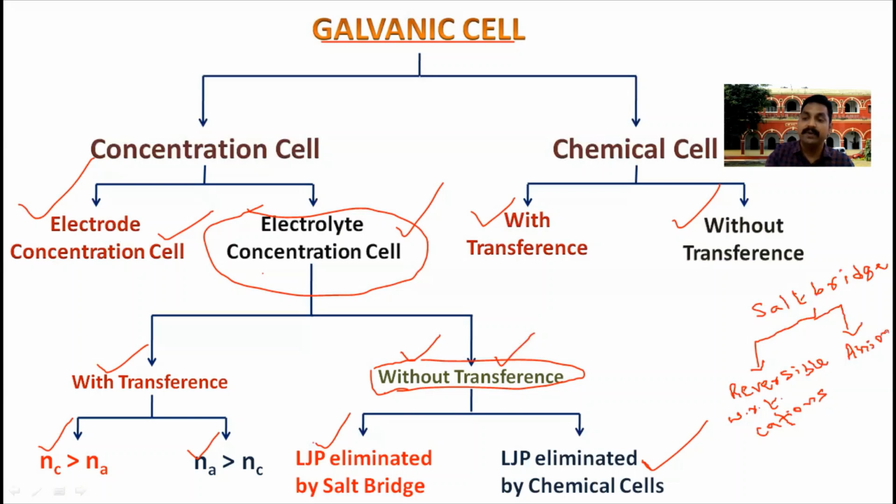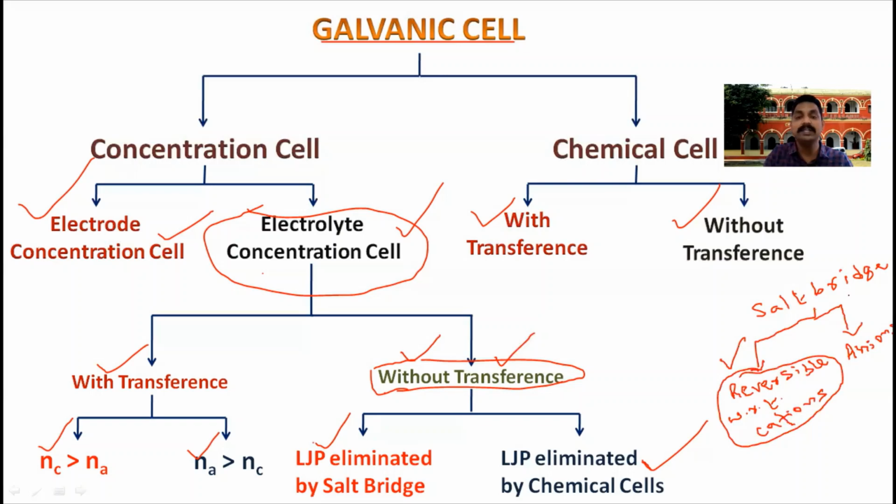So in our previous class, we have already discussed the electrodes reversible with respect to cations. Thus, we have discussed the electrolyte concentration cell, in which the LJP is eliminated by salt bridge, in which the electrodes are reversible with respect to cations.